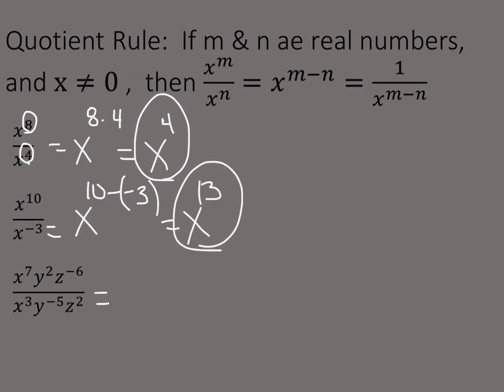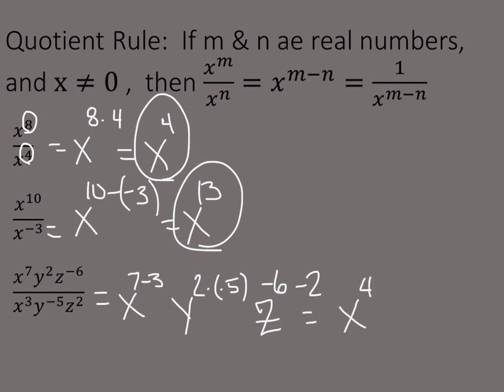And finally here I can go x to the 7 minus 3, y to the 2 minus negative 5, and z to the negative 6 minus 2, which makes it x to the 4th power, y to the 7th power, and z to the negative 8th power.